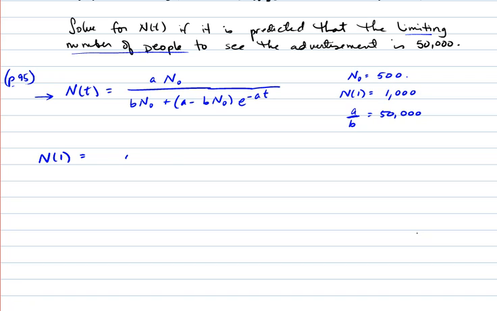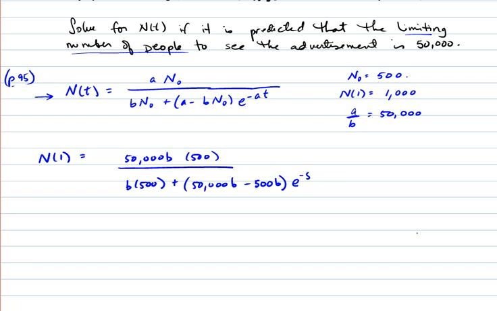is going to be a, which is 50,000 b if I solve here for a, times 500, over b times 500 plus a minus b times 500, and then I have e to the minus 50,000 b times 1, and that needs to be 1,000.